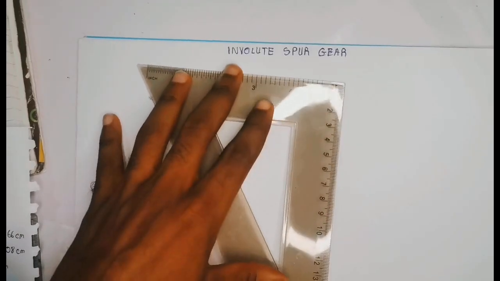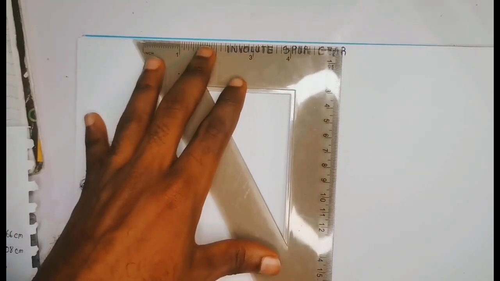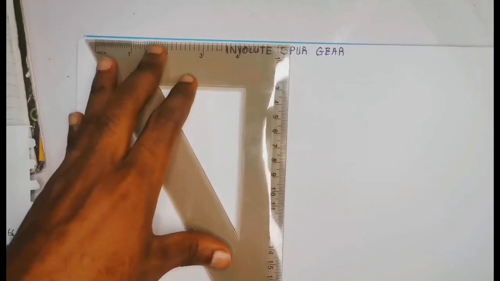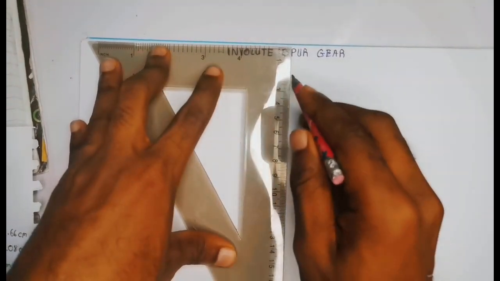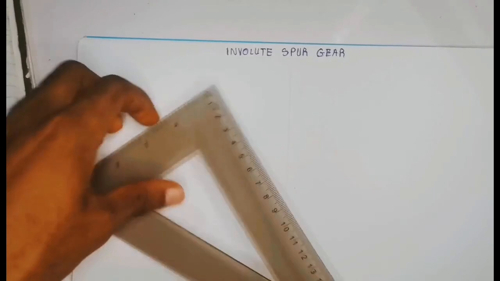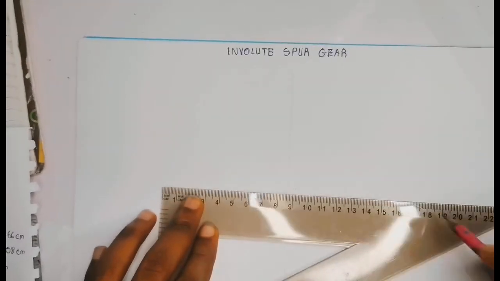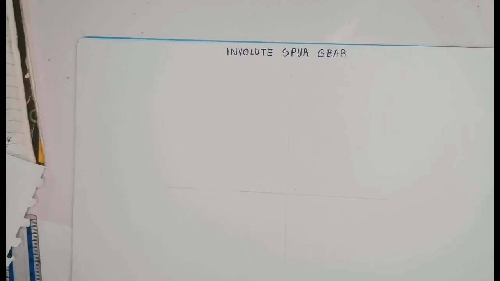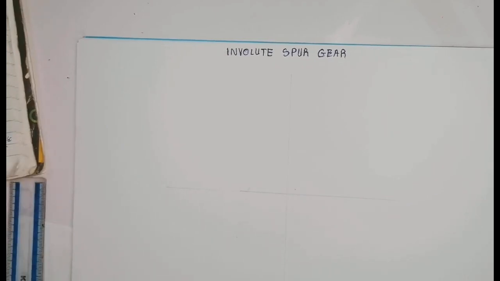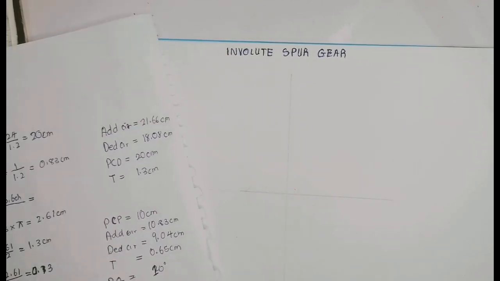Alright. So we start by drawing a vertical and a horizontal line which are perpendicular to each other. I'm taking the book as reference to draw this line. So we have gotten our new values from the scaling.